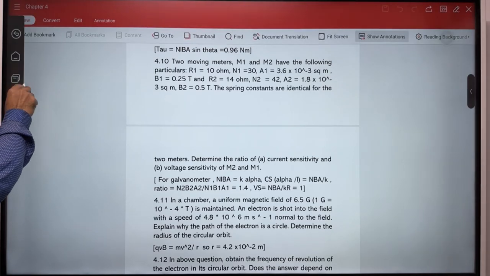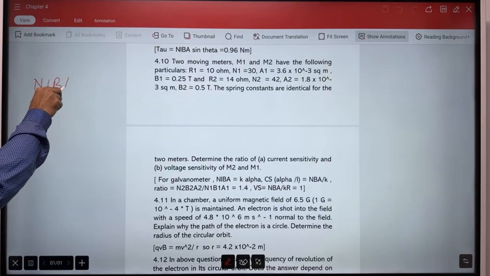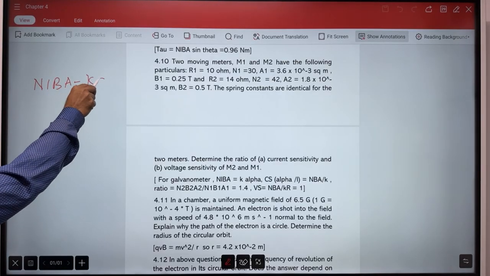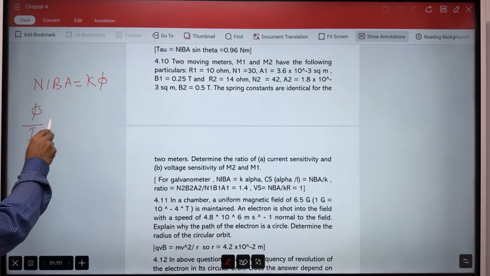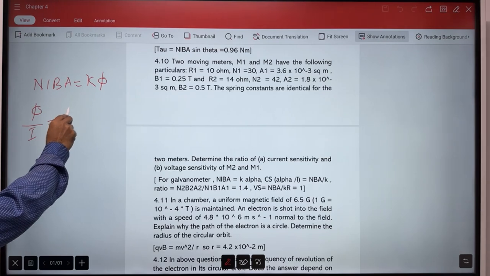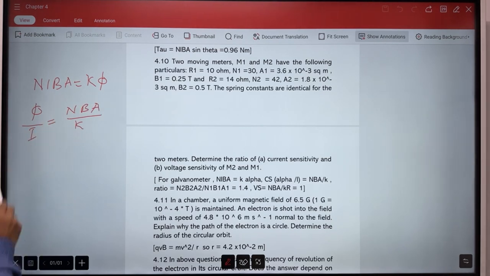So if you remember, N I B A equal to K times phi. Here we have to find out current sensitivity, and current sensitivity is equal to phi upon I. So phi upon I will be equal to N B A upon K, right?